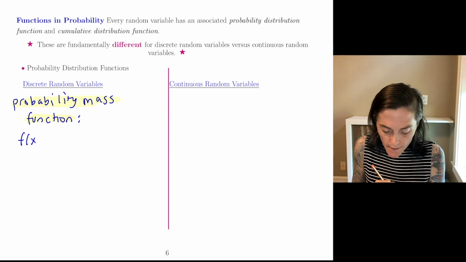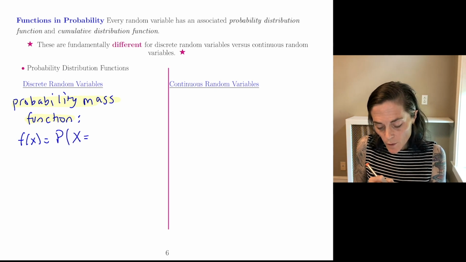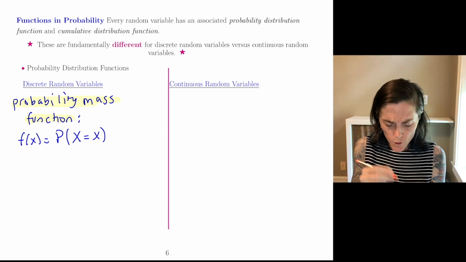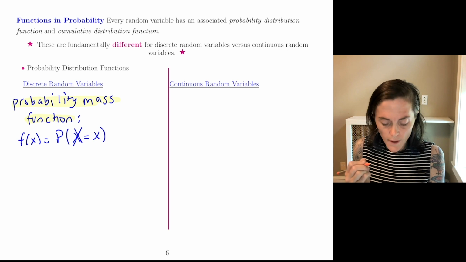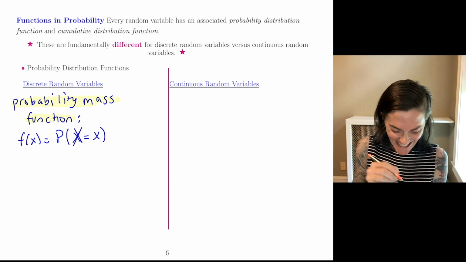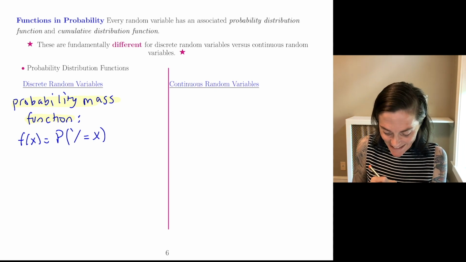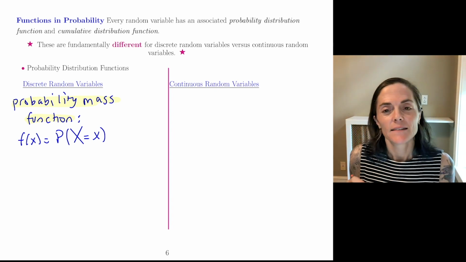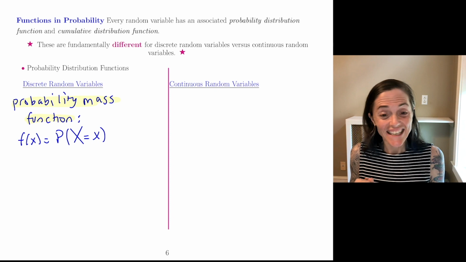f of x gives you the probability that your random variable takes on value x. So this first one is capital X. Oh goodness. The first one is a big capital X, and the second one is little x. All right, this is what it is. Now we've seen the probability mass function already.